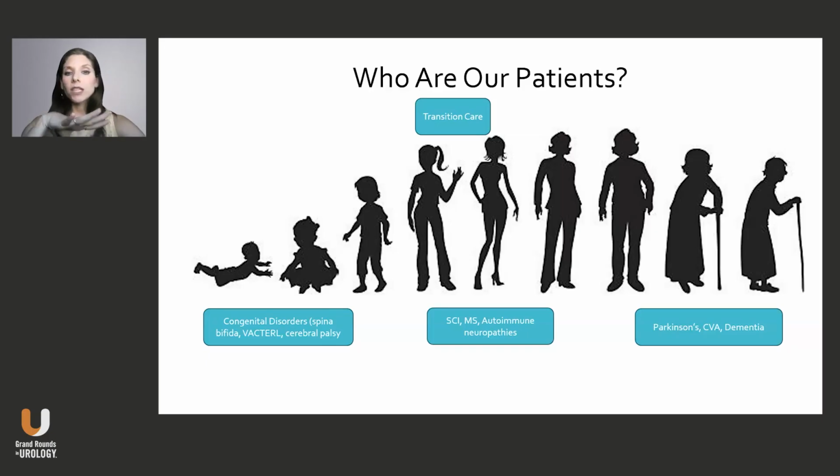In their 20s, 30s, 40s is when we start to see the spinal cord injury patients, the MS patients, and autoimmune neuropathies, which are becoming much more common. We see in the elderly patients our Parkinson's, our stroke patients, our dementia patients. So we really get to take care of patients throughout the life cycle and sometimes over the course of several of their own decades. So you really get to know these patients and have quite a continuity of care.